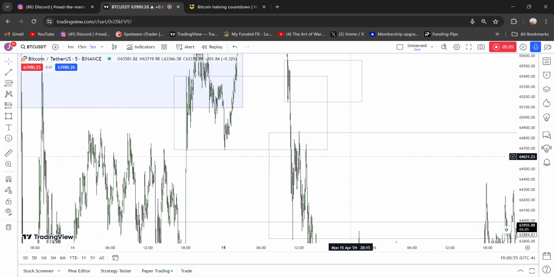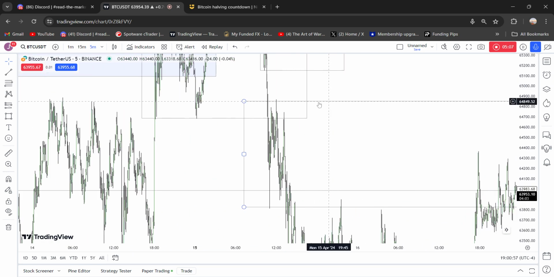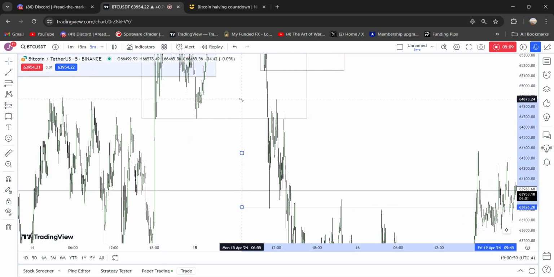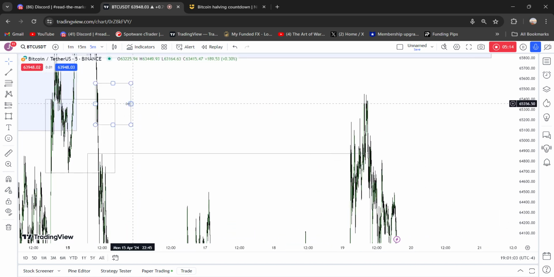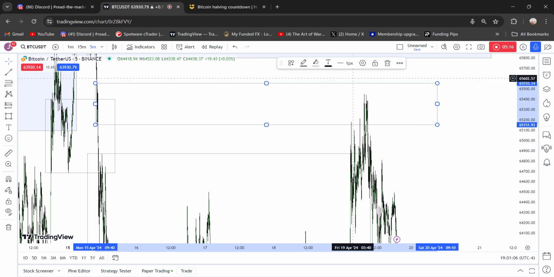Now I want to see an engulf. This swap is an engulf to where? Probably to the right place here.